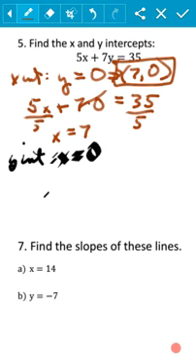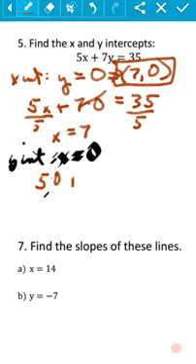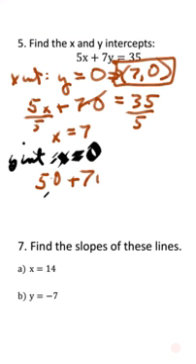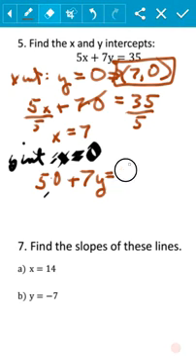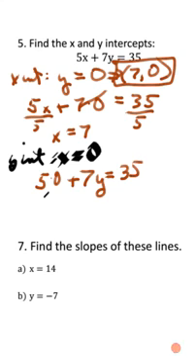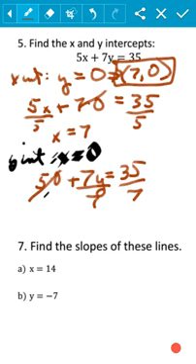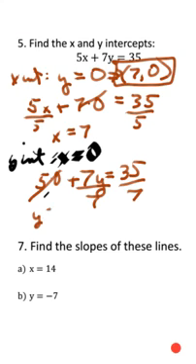All right, x equals 0. And so we have our equation 5 times x, which is 0, plus 7 times y equals 35. And then we divide both sides by 7, because 5 times 0 is 0. And we get y equals 5.